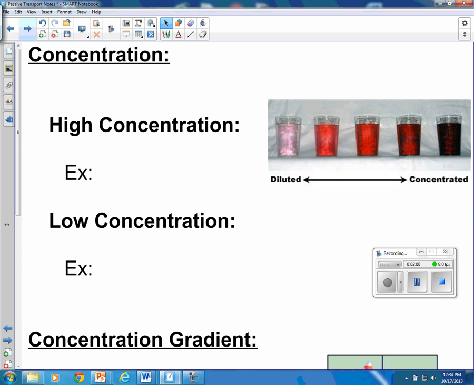So solutions can have high concentrations over here and low concentrations over here. You are probably really familiar with this already because you may have had chocolate or Kool-Aid.